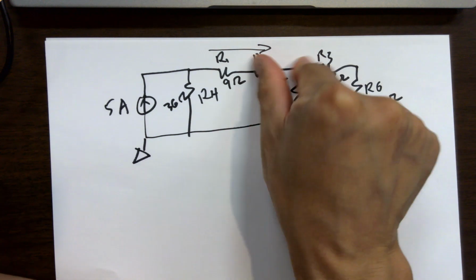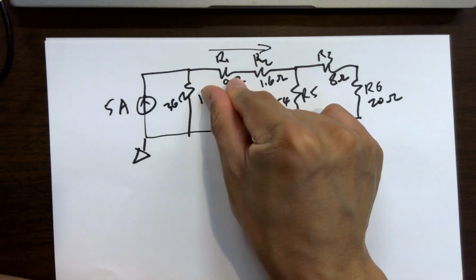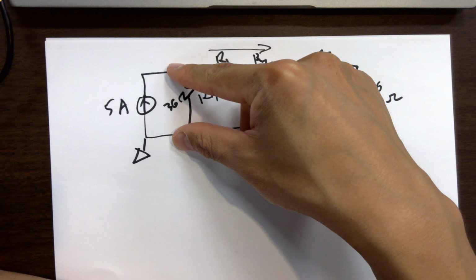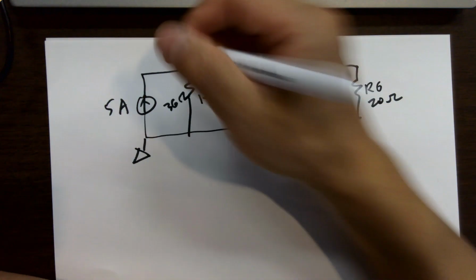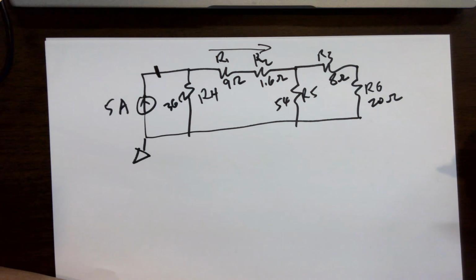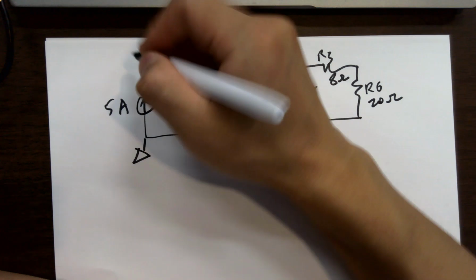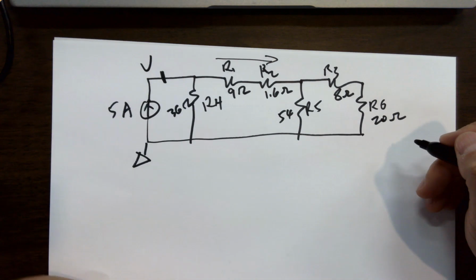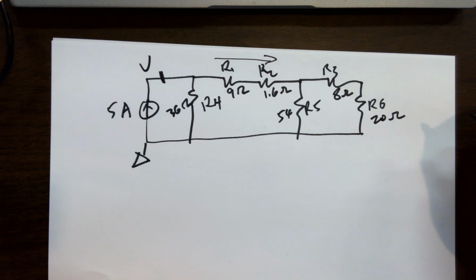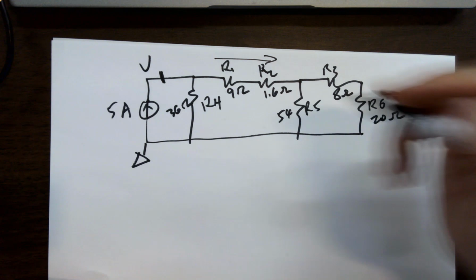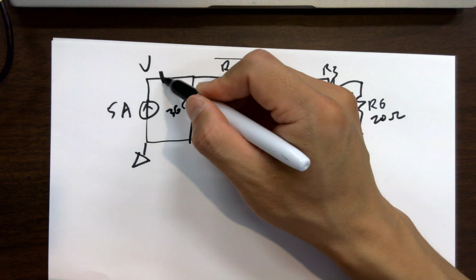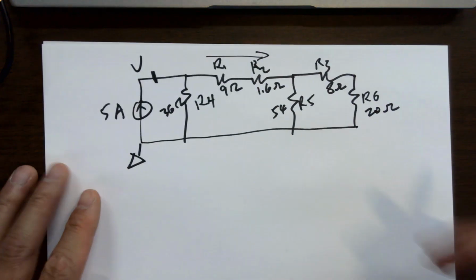Merge series, merge parallel, and you get one resistor. So you can find out the voltage here. If the voltage here is given, what can you do? What's next?